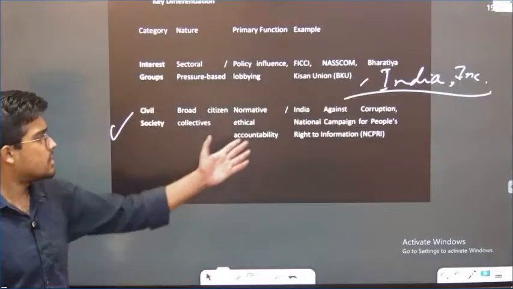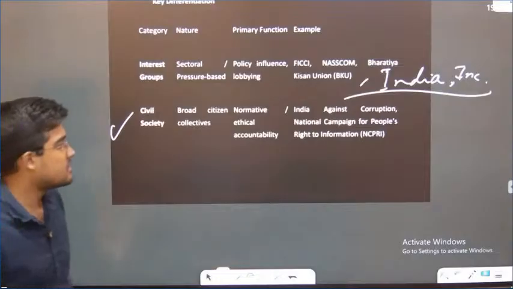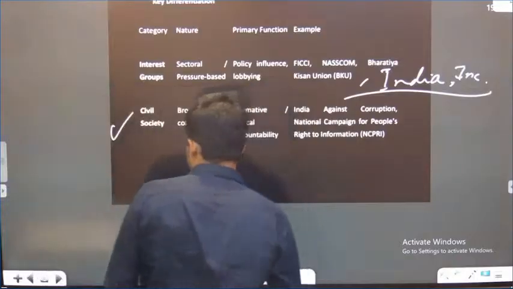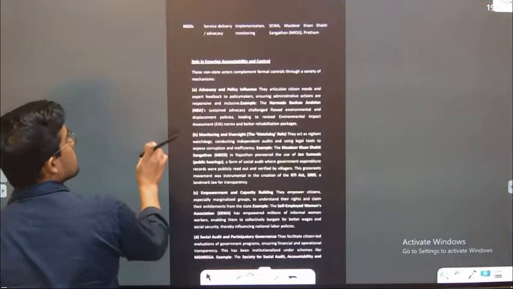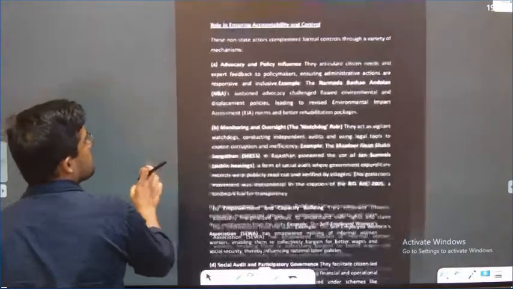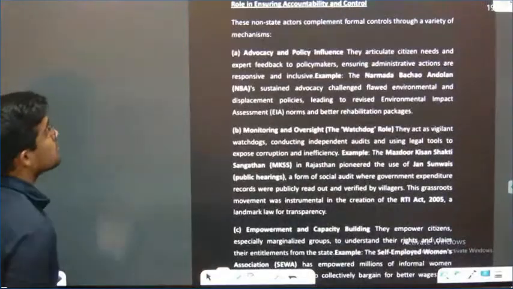In civil society, we see India Against Corruption. That movement started under Anna Hazare and Arvind Kejriwal. These were the leaders there. So this is an example of interest groups. NGOs, you know, Pratham is an NGO in the education sector.